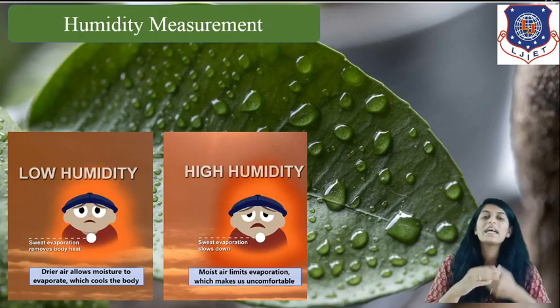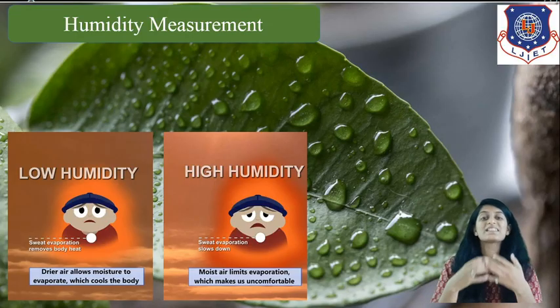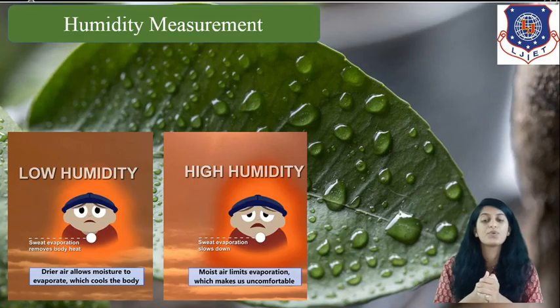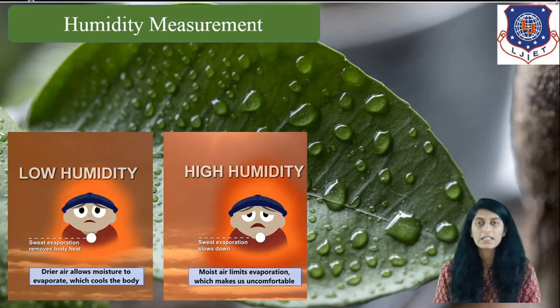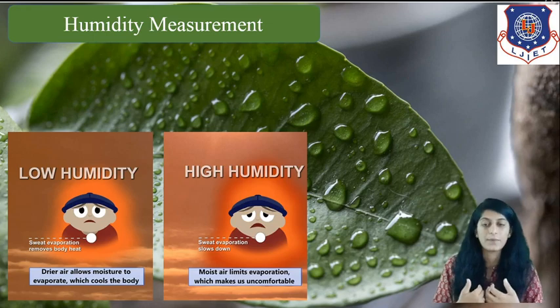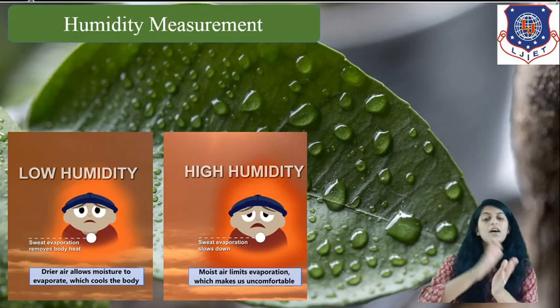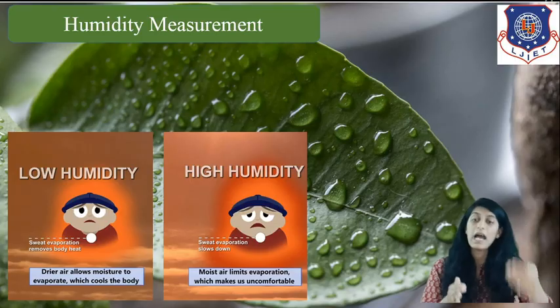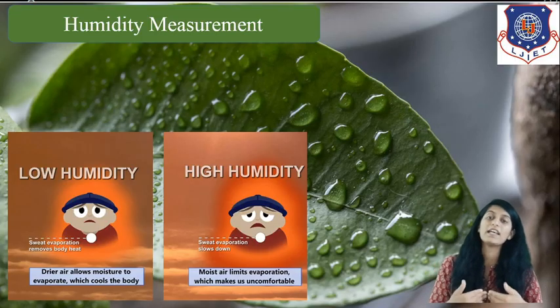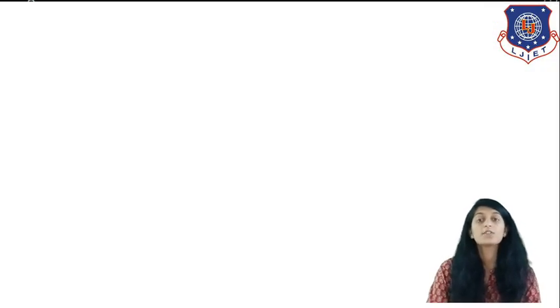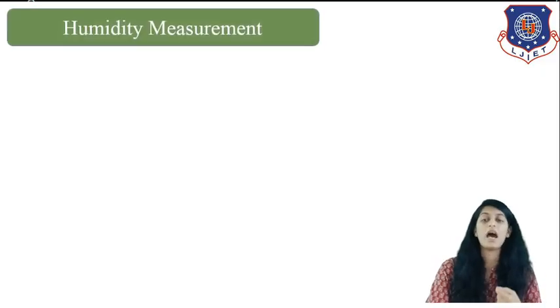So there will be an excessive amount of moisture inside our body, and due to that we will feel uncomfortable and start sweating. So this is the condition of high humidity. Whether it is low humidity or high humidity, it will definitely affect our body. Now, this was all about our body.